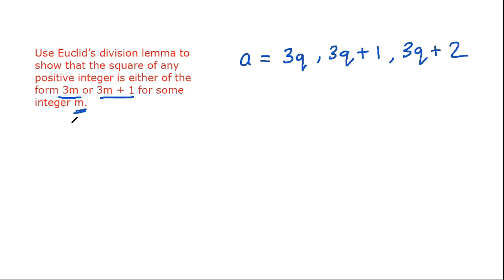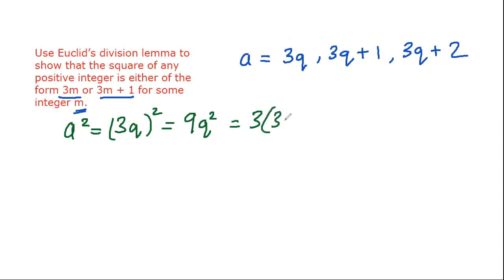What about a square? A square can be written as 3q whole square, which is equal to 9q square. This 9q square can be written as 3 into 3q square. This can be written as 3 into m, because we are taking m as 3q square.